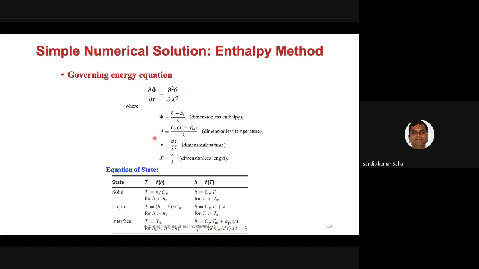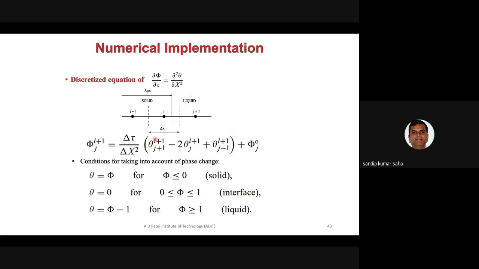Obviously enthalpy will be Cp T, the solid phase enthalpy, plus some portion of the latent heat according to the melt fraction of that medium. This is the idea basically. Now if I discretize that equation using my finite volume or finite difference method, I will get this expression.